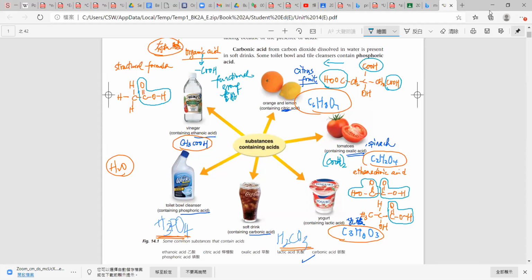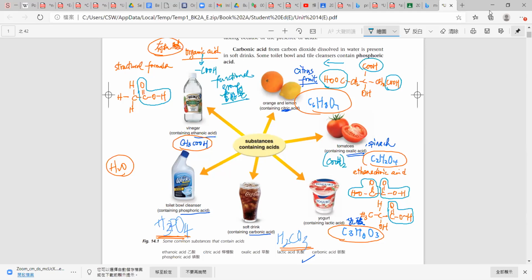So what they have in common is that they share this type of group of atoms connected this way. The carbon connected to one oxygen by a double bond, the other O by a single bond, while the single-bonded O further connects to a hydrogen. So we call that COOH.